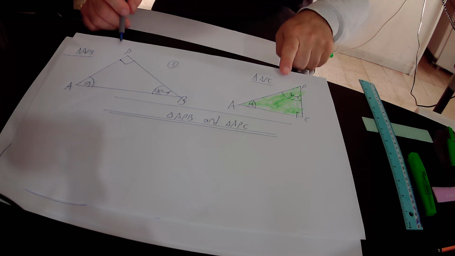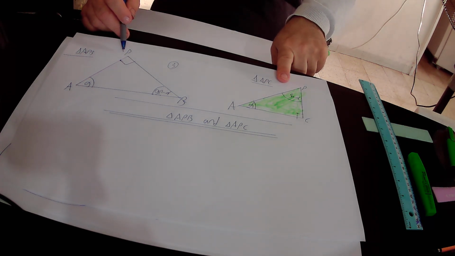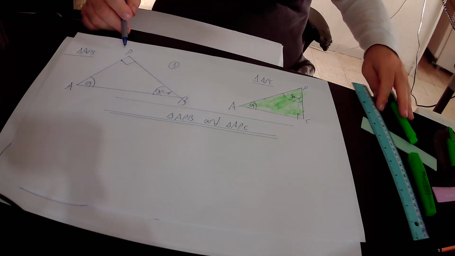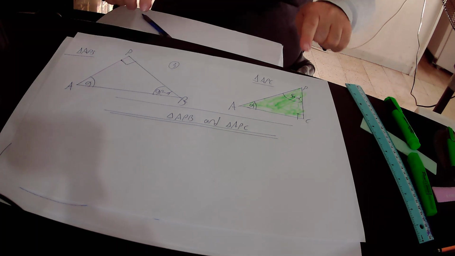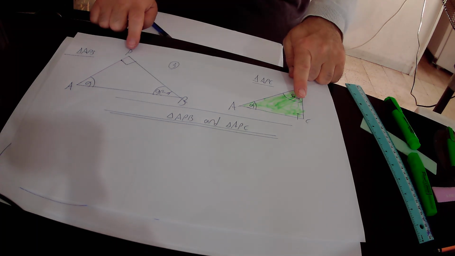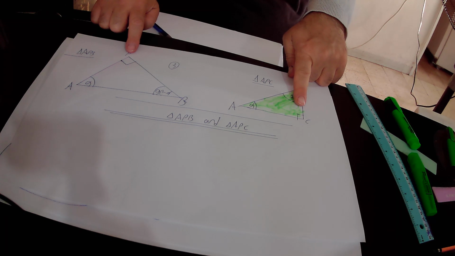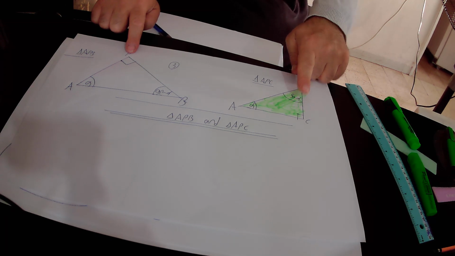So why are those two right triangles similar to each other? First of all, those two angles are both equal to 90 degrees, therefore they are equal to each other.